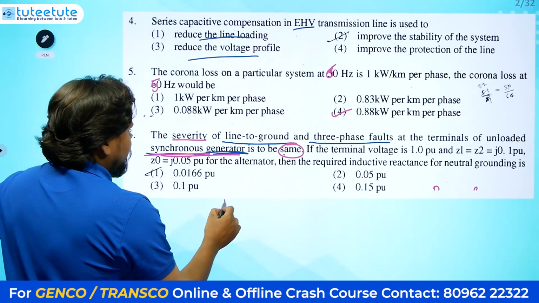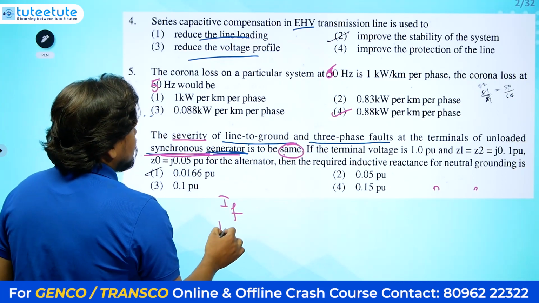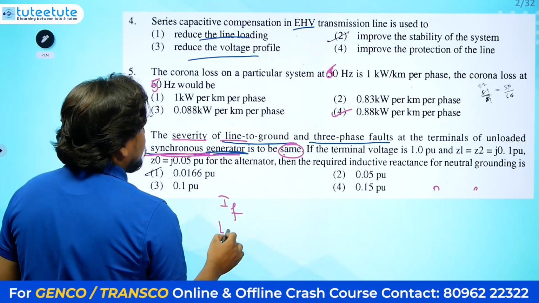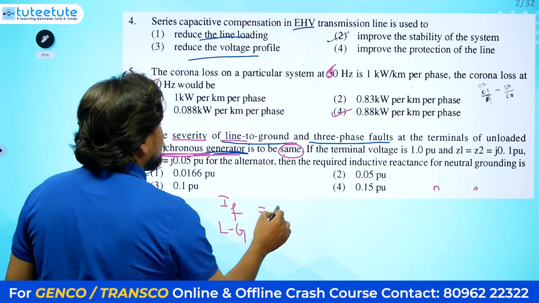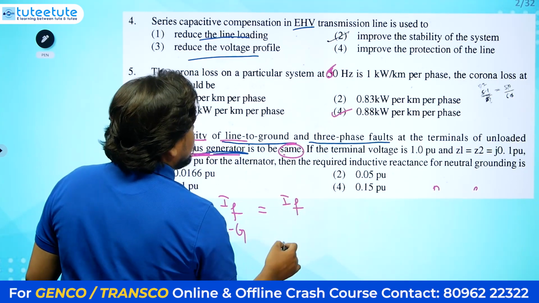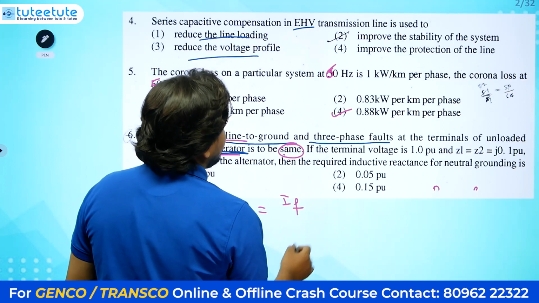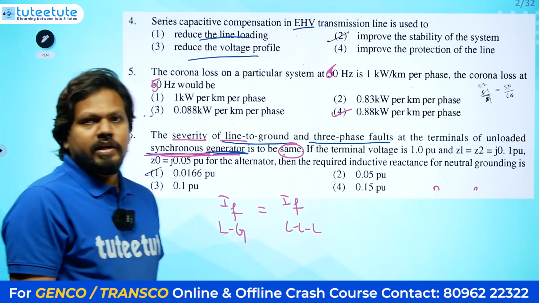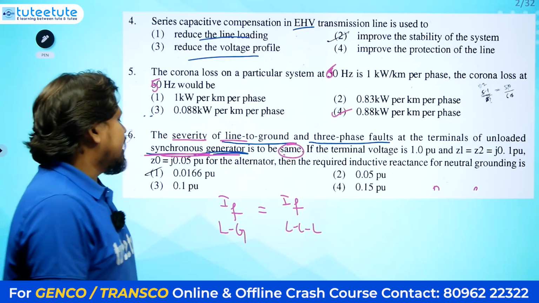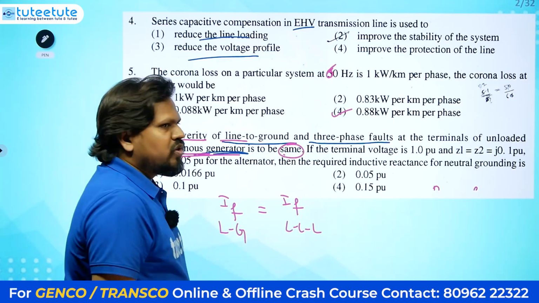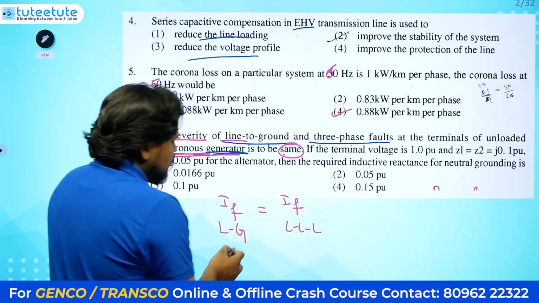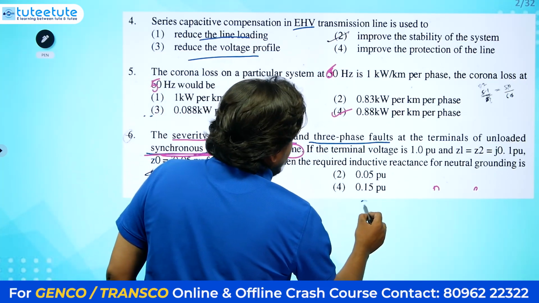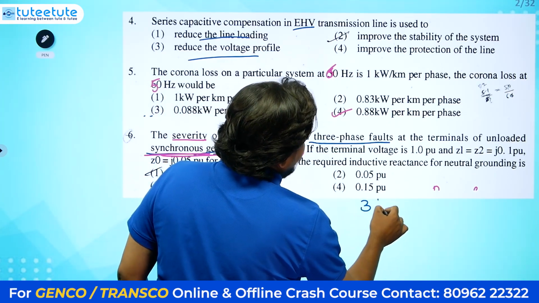That means the fault current in the line to ground fault equals the fault current in the 3-phase fault, whether triple L or triple LG fault, either you can consider. So if you make this calculation, the formula is 3 into E per unit.